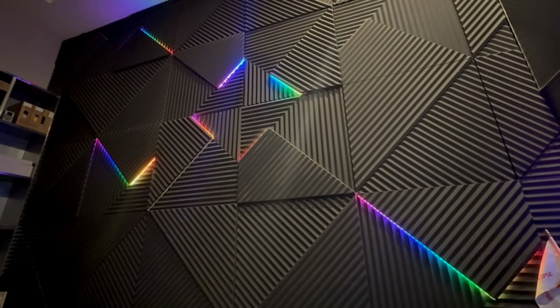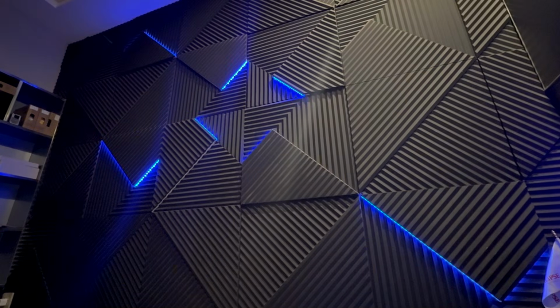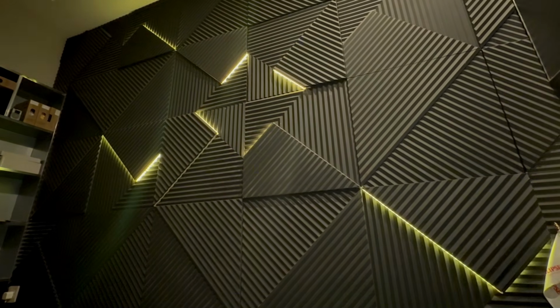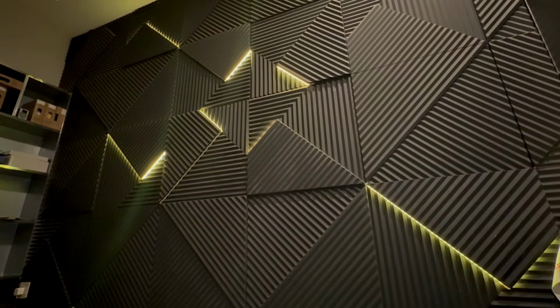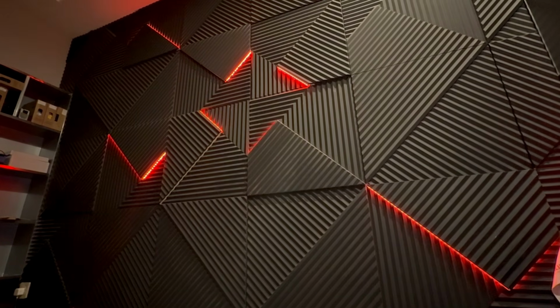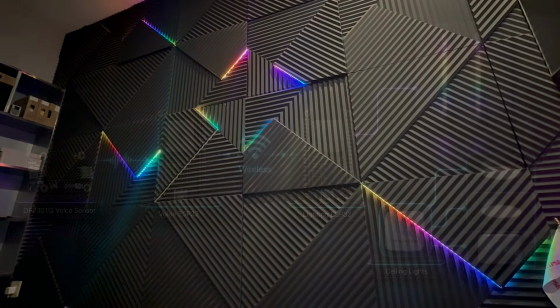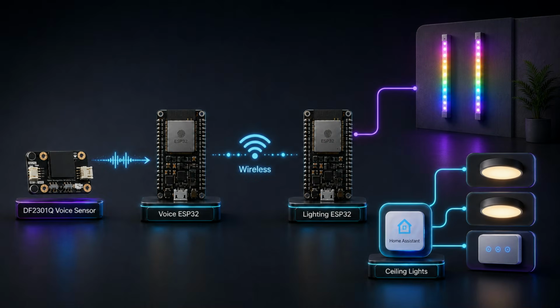Now, set to blue. Set to yellow. Set to red. Color mode. So already, one ESP32 is recognizing the command, and another completely separate ESP32 is performing the action, all without adding a single control wire between them.